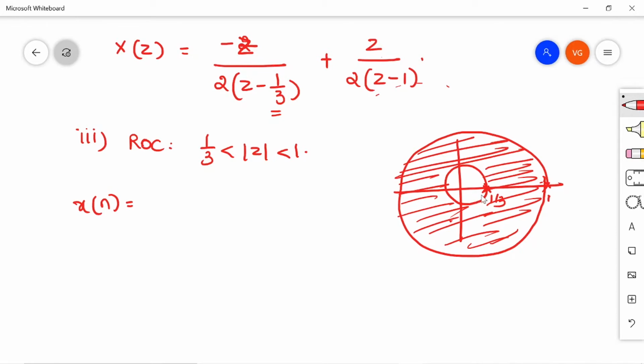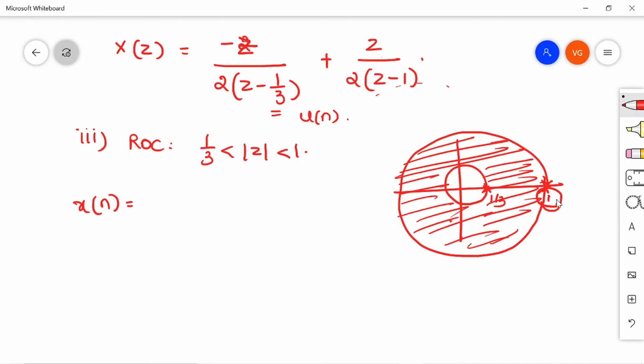If I'm moving from the origin, I first get 1 by 3. The term related to 1 by 3, you take as u of n. Then I get the ROC. After that ROC, if you get any other pole, you have to take it as a negative side sequence, that is u of minus n minus 1.